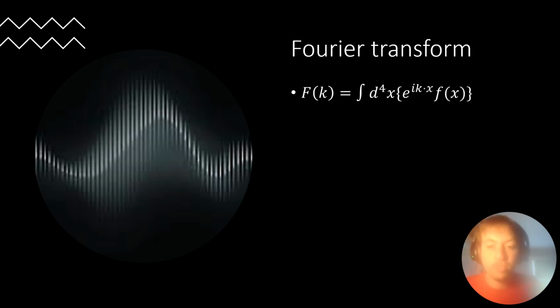And if we're going from a function which describes a wave such as the one we have on the screen, and we call this function f of x, so it's a function of four-position, because remembering our wave represents a quantum field which exists in four-dimensional space-time, so we have the wave as a function of four-position.